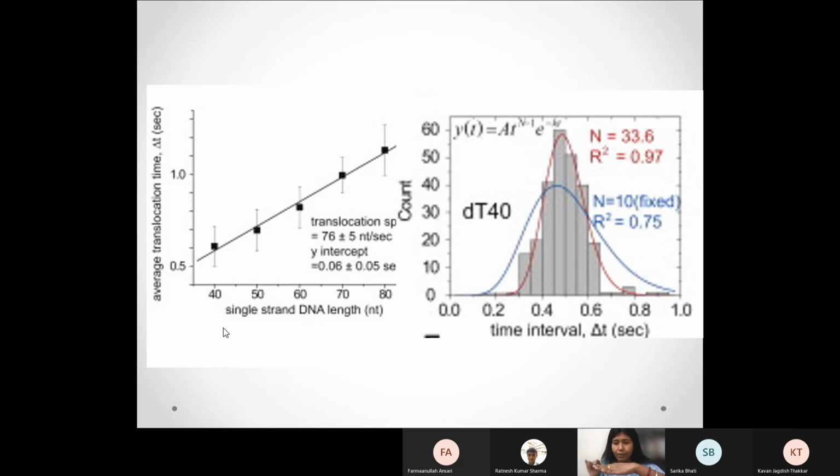But if you make it 80, then maybe you'll just see 1.5, which means it's taking twice as long. Now, if you make a plot, on one axis you put how many nucleotides are being translocated, and on the other, in how much time you see the FRET maximum peak. So that is going to give you a straight line. From that straight line, you can calculate how many nucleotides you can translocate per second.